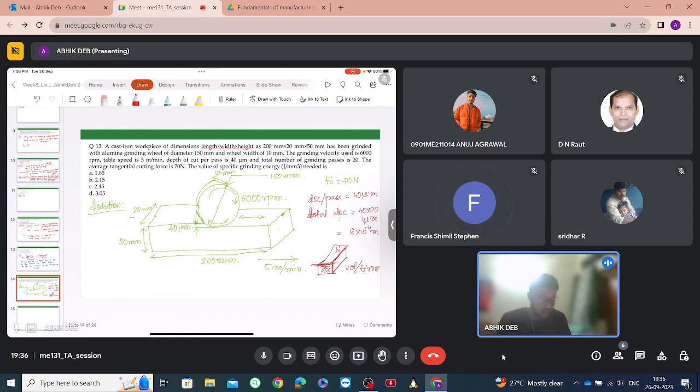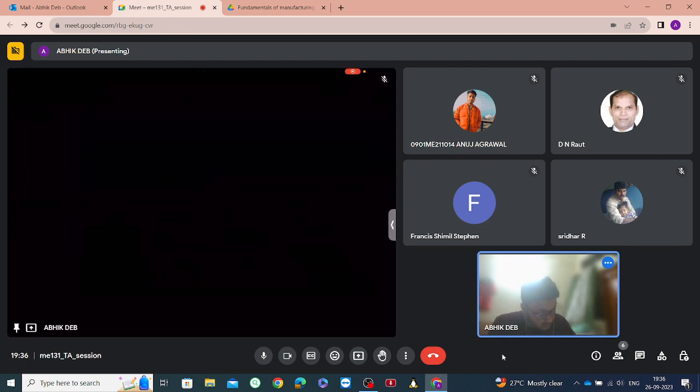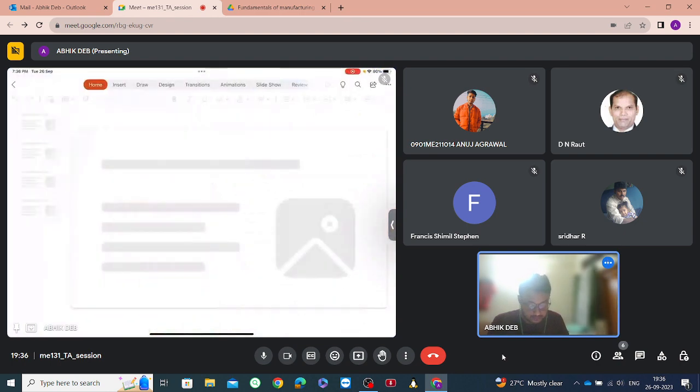Yes. Yeah, so MRR is basically the total depth of cut multiplied by the width of the wheel multiplied by the feed rate, the table feed. Sorry about that.